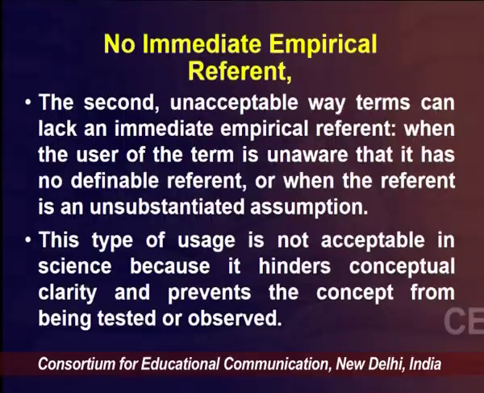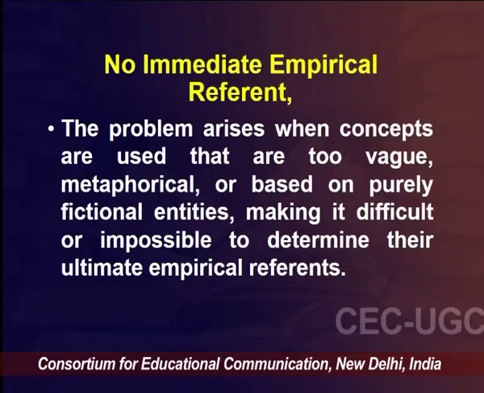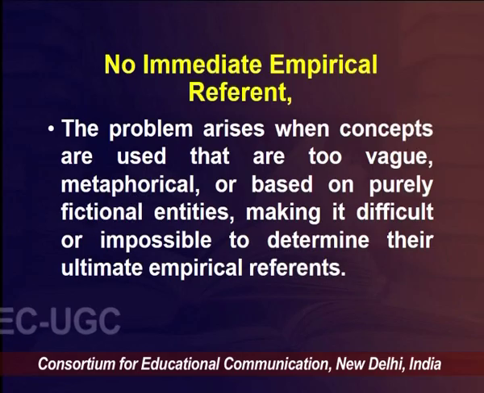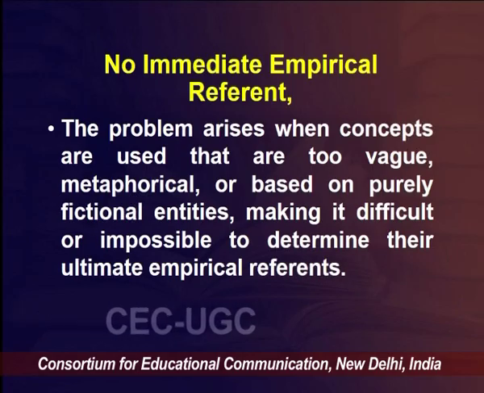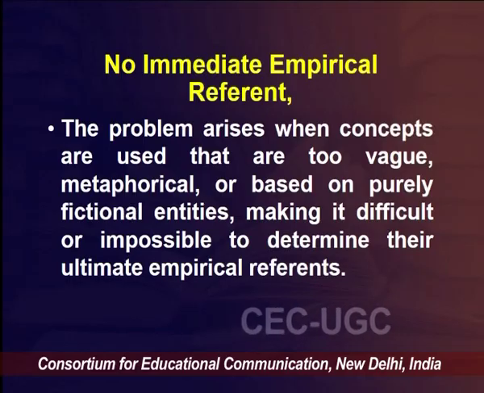This type of use is not acceptable in science because it hinders conceptual clarity and prevents the concept from being tested or observed. The problem arises when concepts are used that are too vague, metaphorical, or based on purely fictional entities, making it difficult or impossible to determine the ultimate empirical referent.